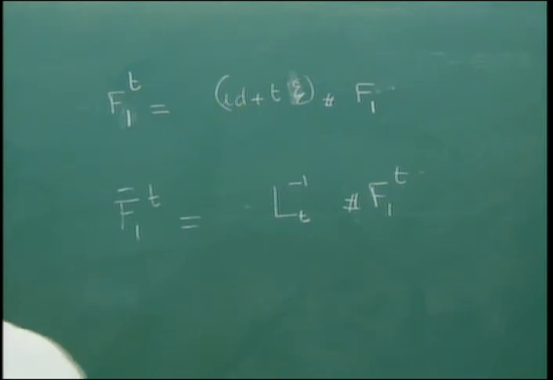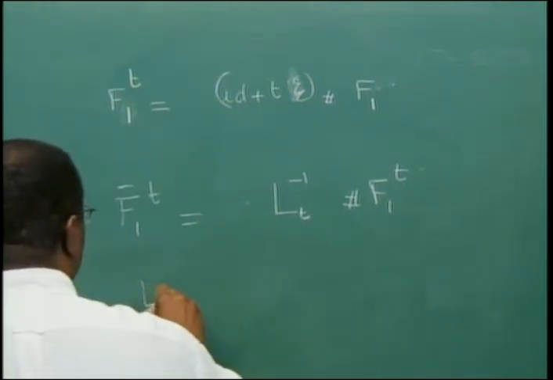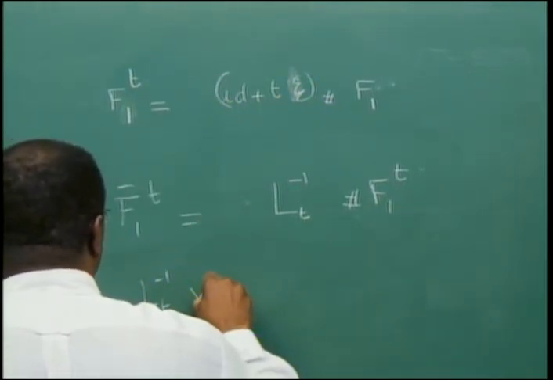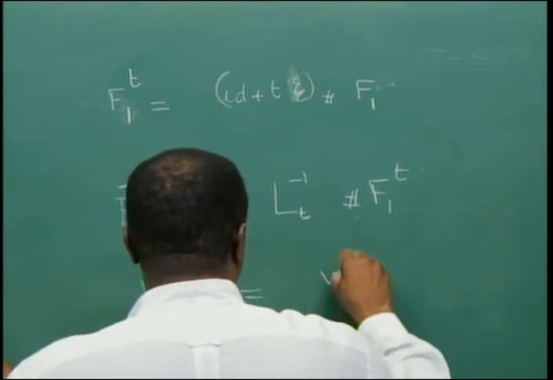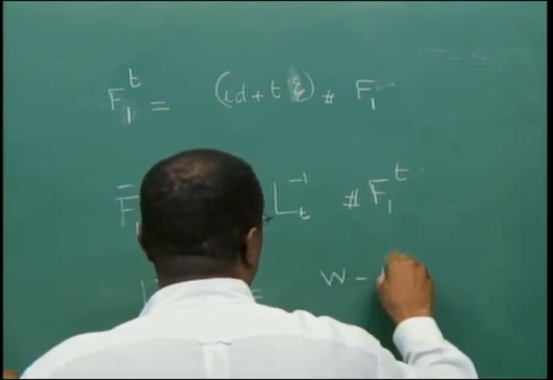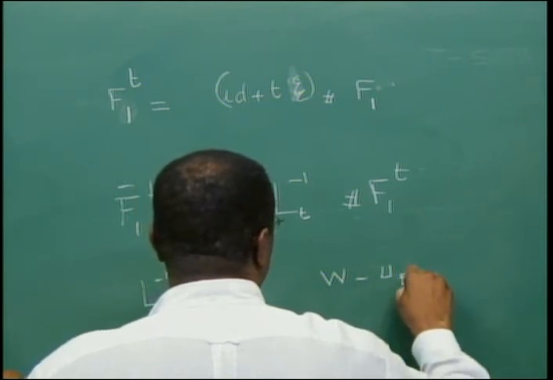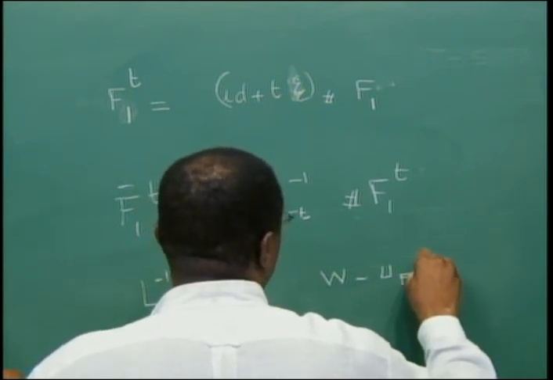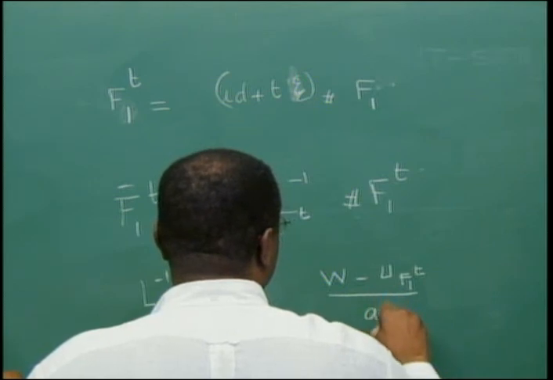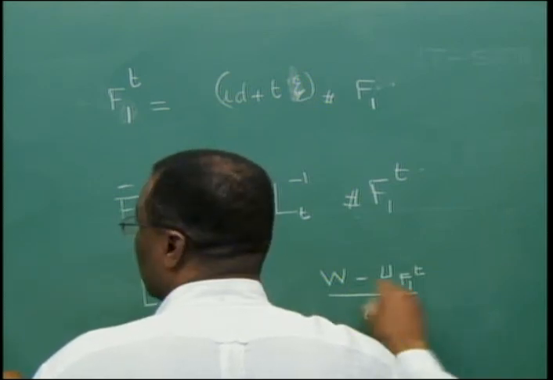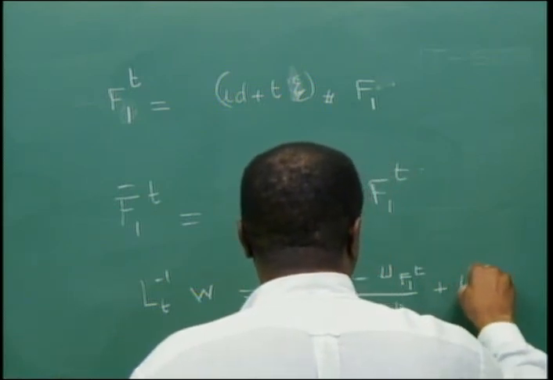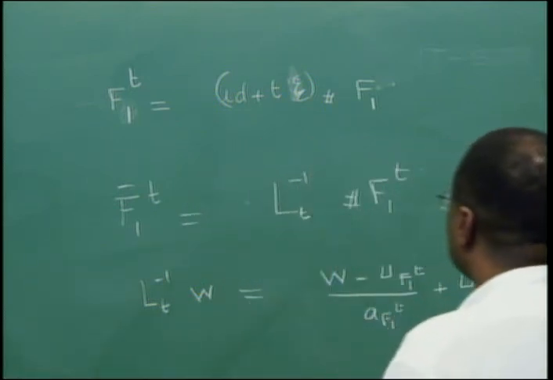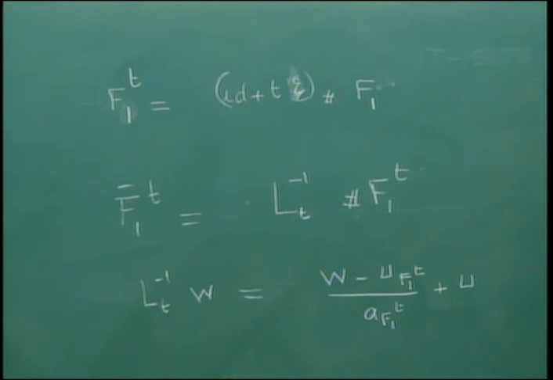L_t inverse of w is (w − u_f1t) divided by a_f1t plus u. Okay. So I have my explicit map here.